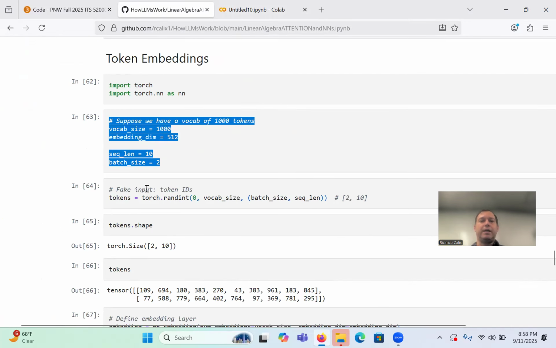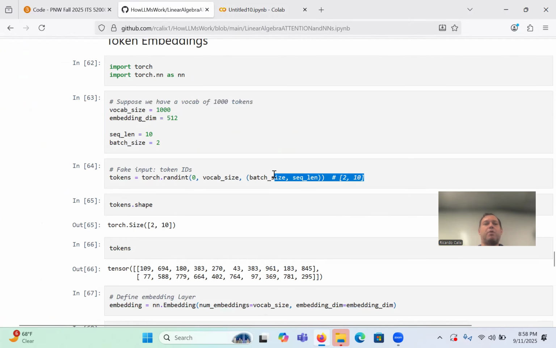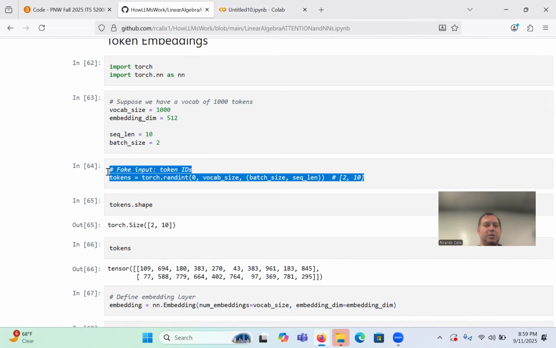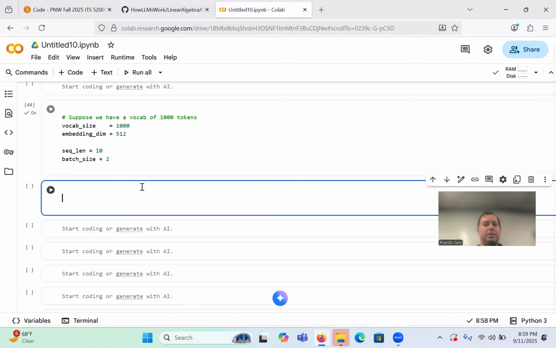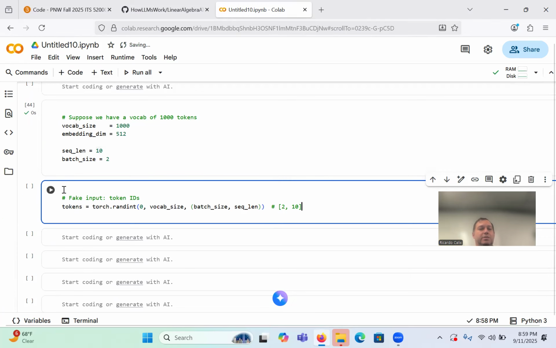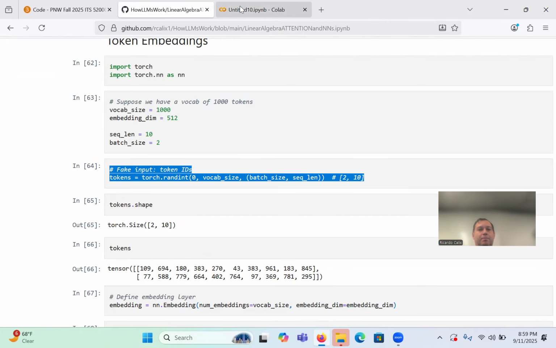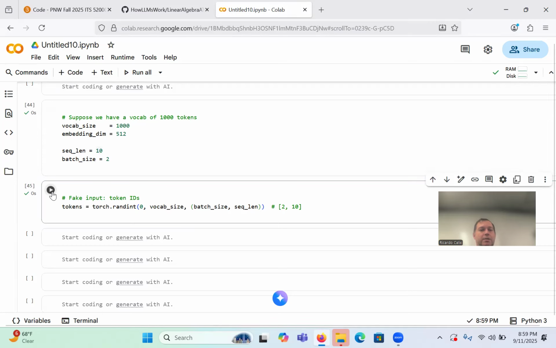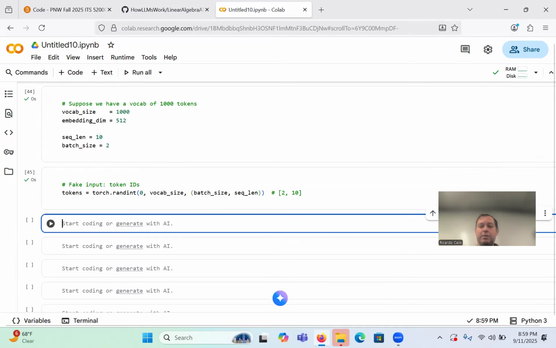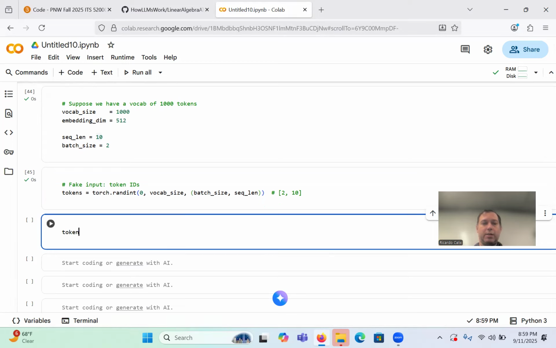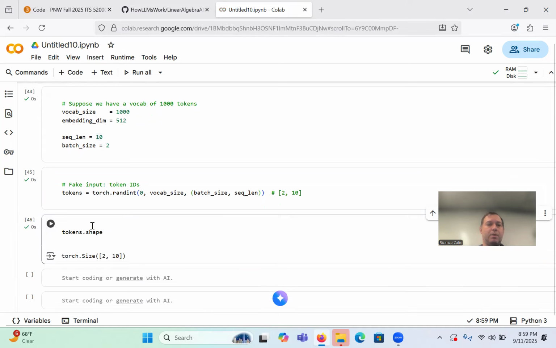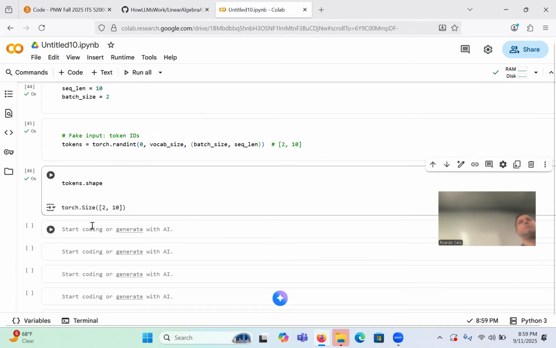Now I'm going to create some random data. This is just some random integers to show you what this looks like. So I create that tokens variable. Then I'm going to do tokens.shape. So it is 2 comma 10. What does that mean? 2 sentences of length 10.